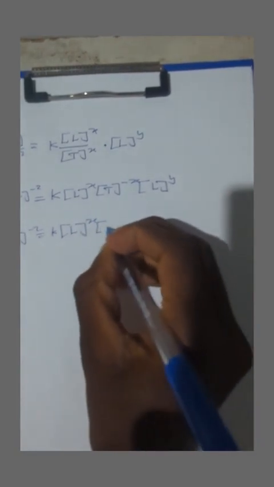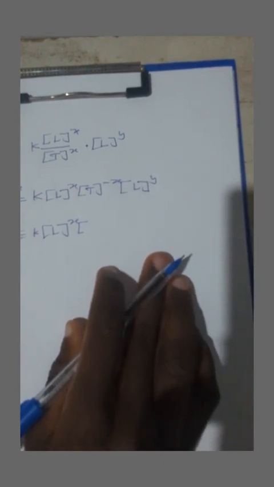Then T to the power -2 and the constant k, and here we have L to the power x. We'll put like terms together.